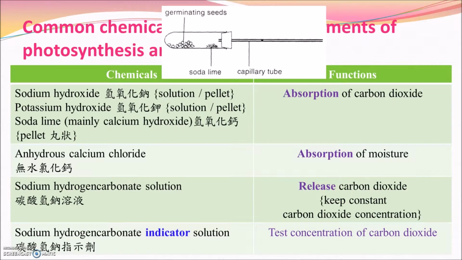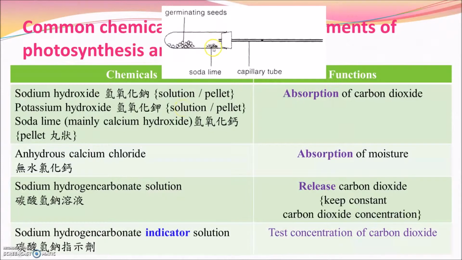If we place the test tube horizontally, you can see that we place the germinating seed here and place the soda lime, the pellet form, in the test tube. We are going to investigate the respiration of the germinating seed. Imagine that if we do not use the soda lime, but use sodium hydroxide or potassium hydroxide solution, what will be the problem?